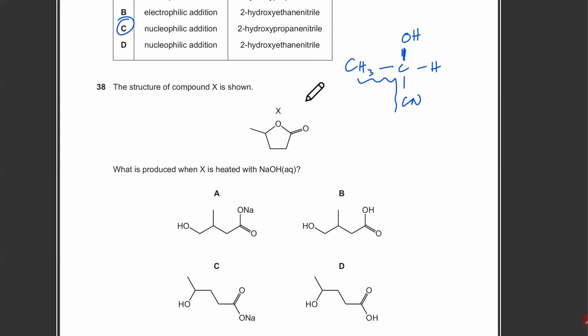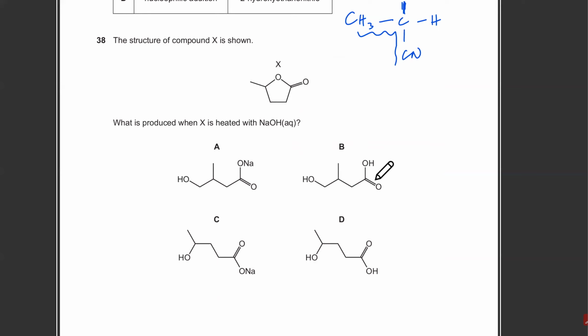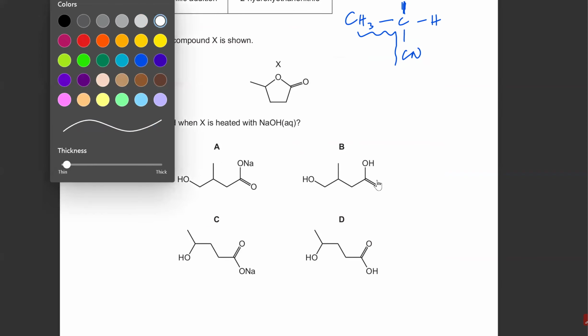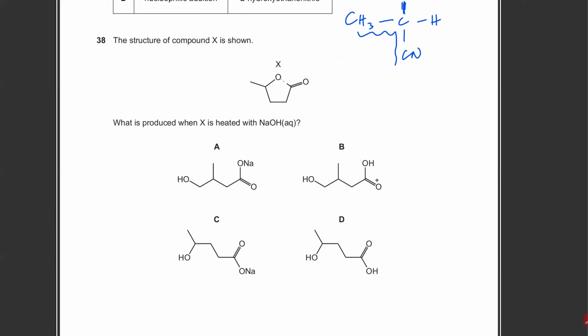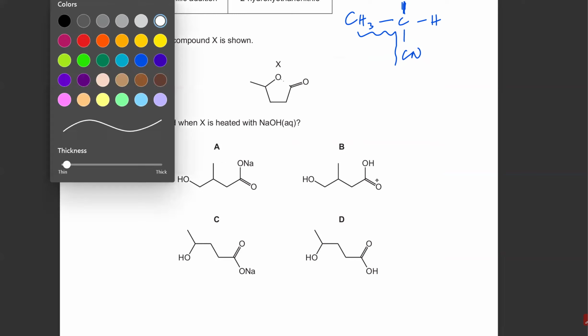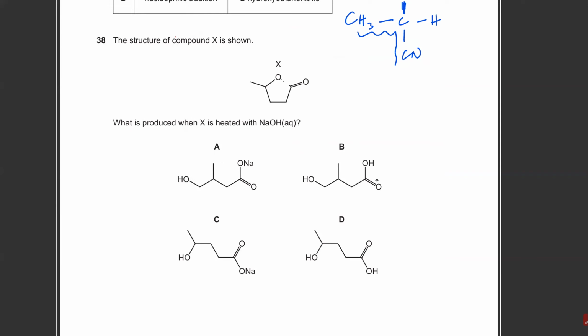Next one, that's an ester. What will happen when you heat it with OH-? It will form an alcohol and a salt. So the ester link will break, right? It can't be B or D. It's C, I think.